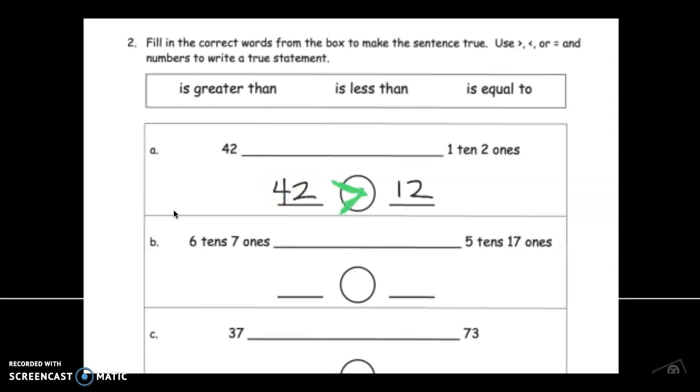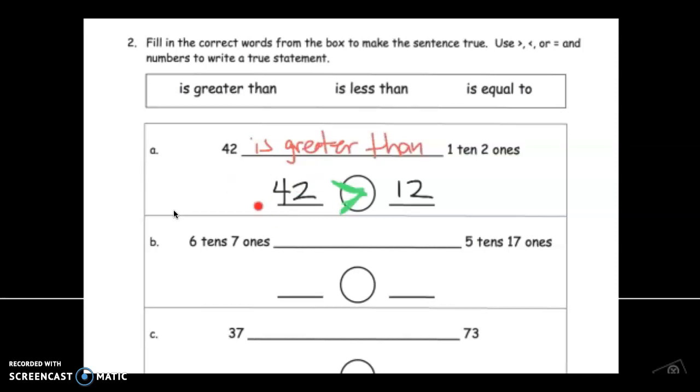So, if we're going to read this from left to right, 42 is compared to 12. What is 42? Is 42 greater than 12? Is 42 less than 12? Or is 42 equal to 12? Well, we definitely know that 42 is greater than 12.